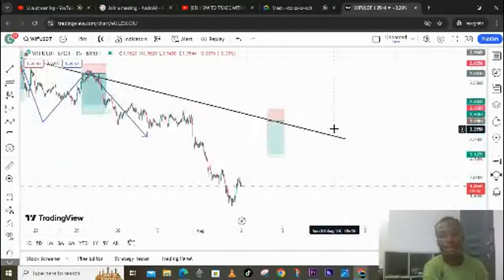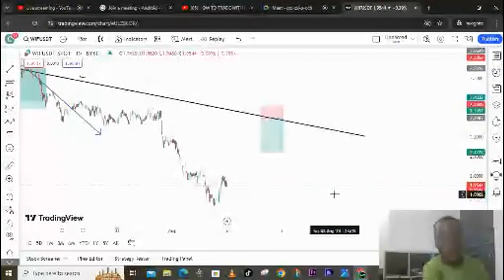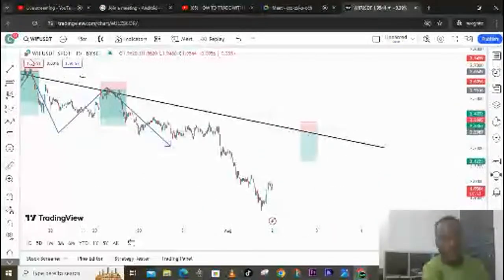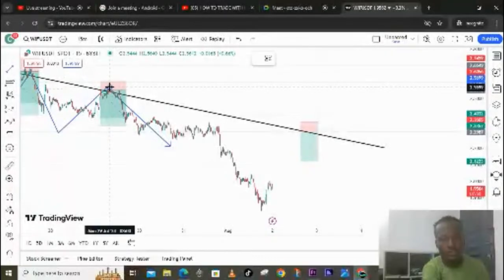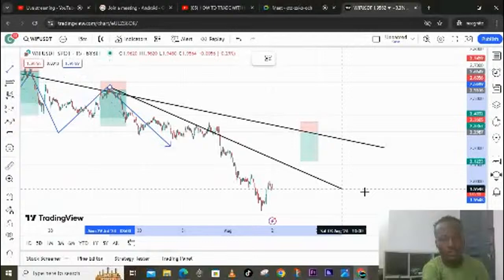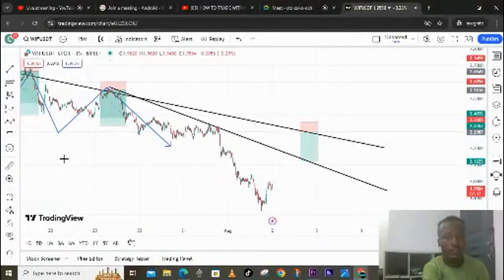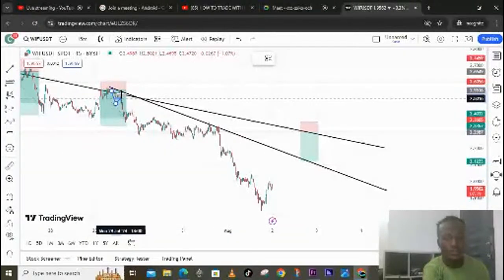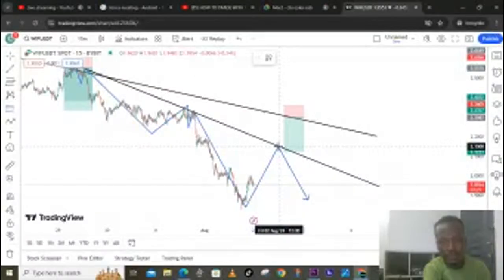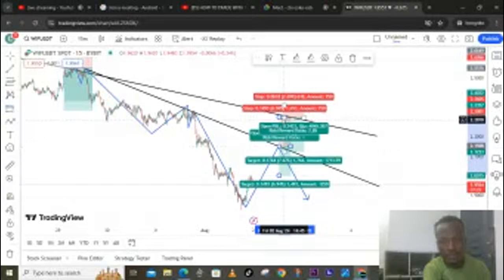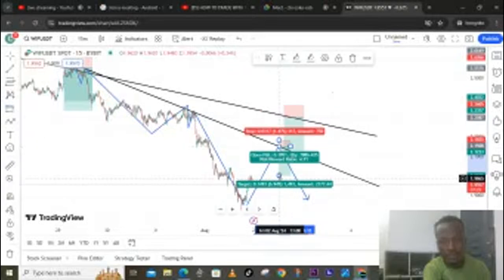All right, so basically, as you can see on this chart, you can actually draw another trend line like this, following the rules of a trend line. It's obeying the rule. And if the price comes here, you can still sell from here, sell entry from here, depending on what we see.